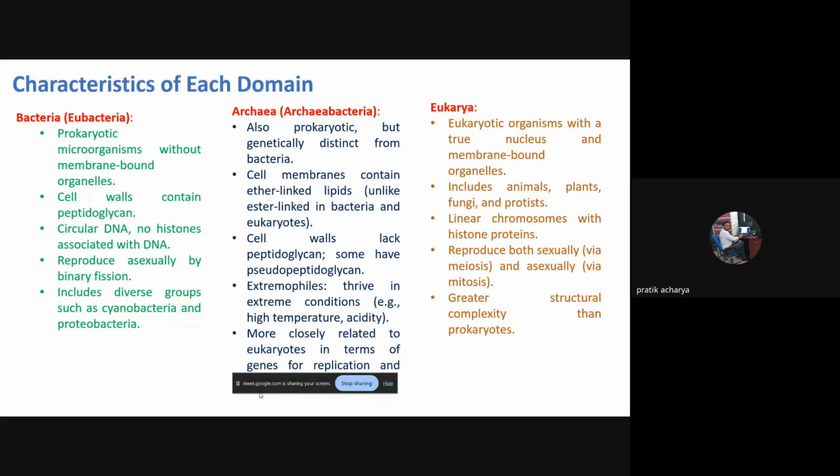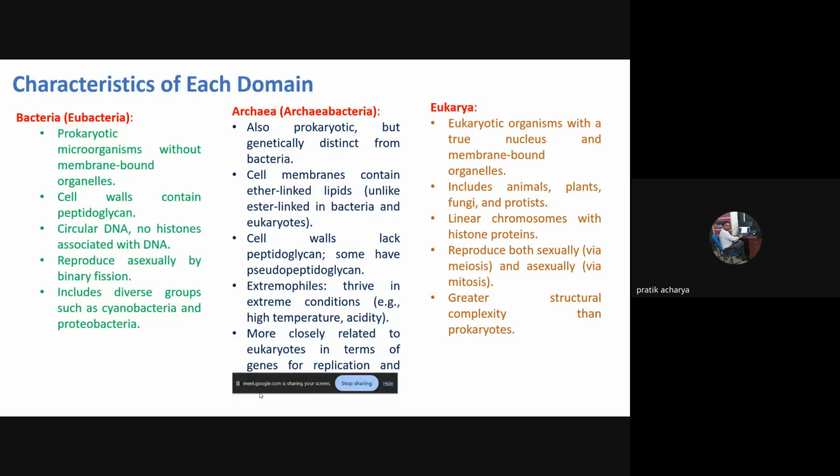The cell membrane contains ether-linked lipid, whereas ester links are found in bacteria and eukaryotes. Cell wall: unlike bacteria, they do not have peptidoglycan. Some have a pseudopeptidoglycan structure. It resembles the structure of peptidoglycan, but they do not actually have peptidoglycan.